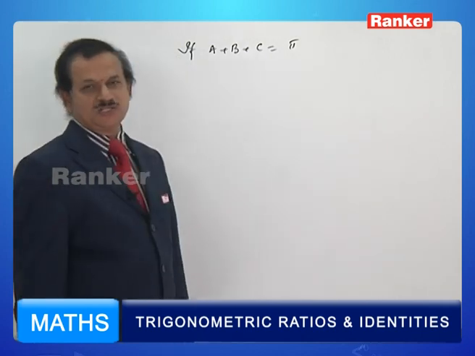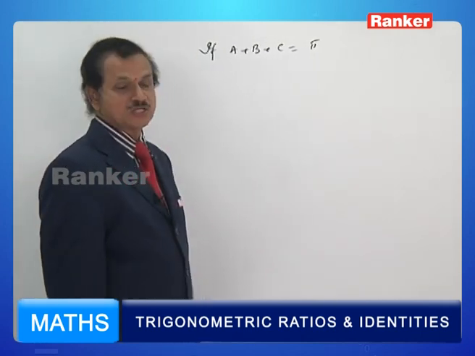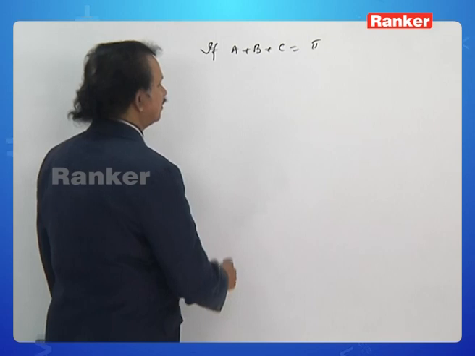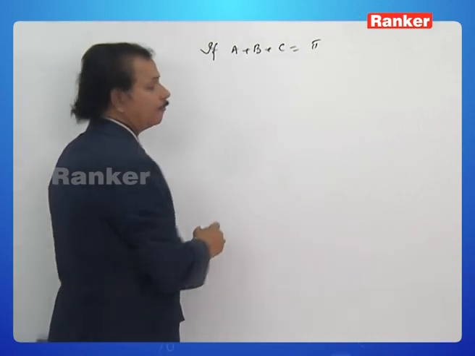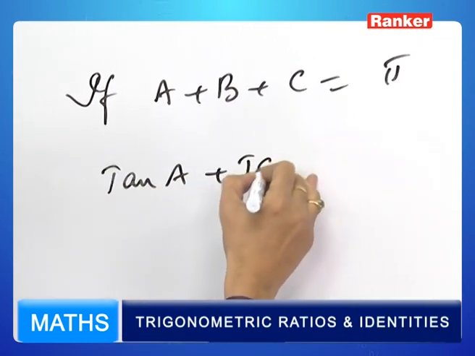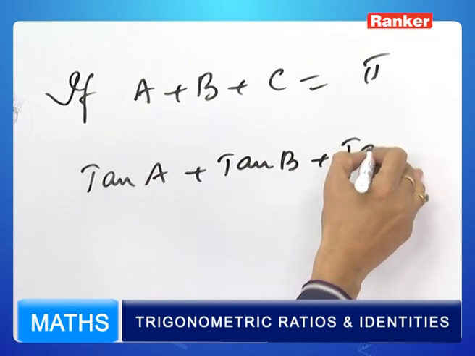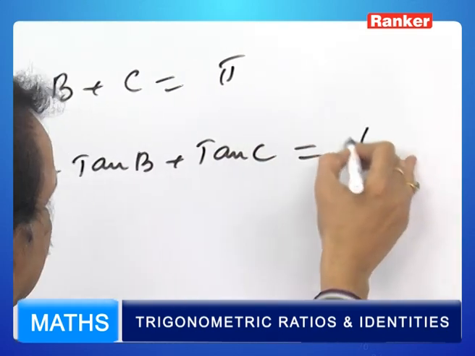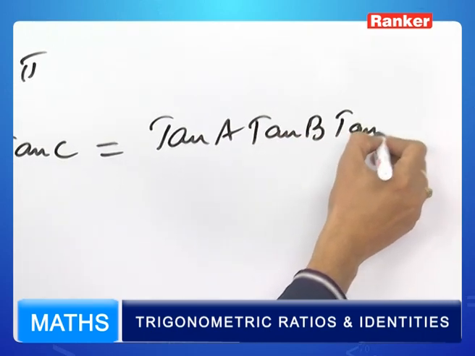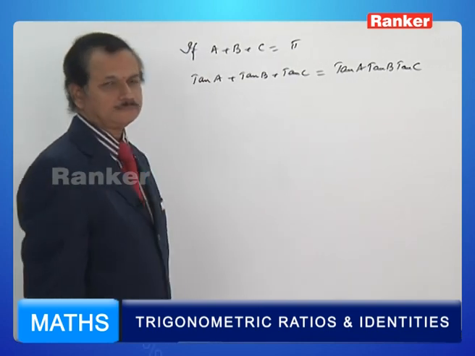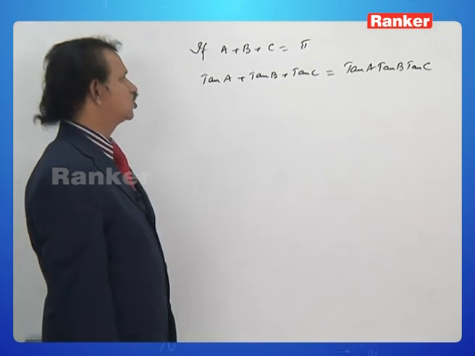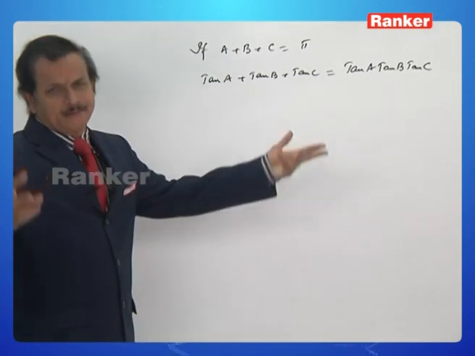The next identity, which is very important and used in so many contexts, is: if A plus B plus C is equal to 180, rather pi, then tan A plus tan B plus tan C is equal to tan A into tan B into tan C. Frankly speaking, this result is true even when A plus B plus C is n pi.